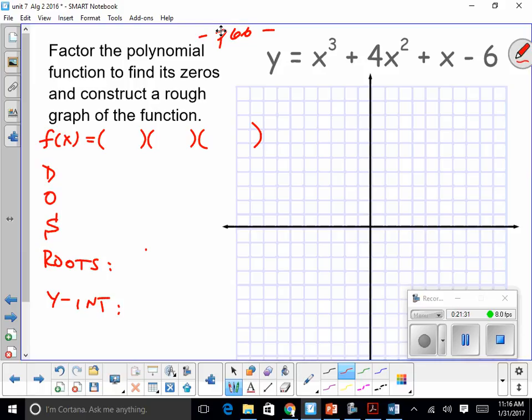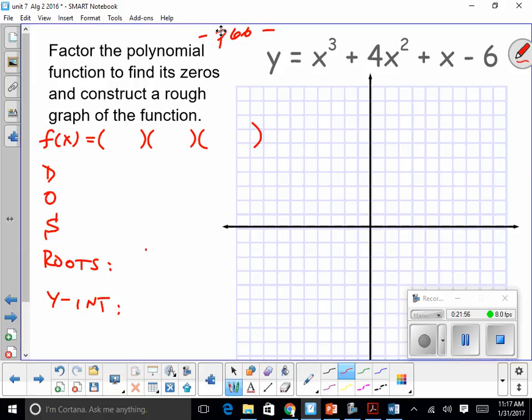Can anyone say what the degree is on that original problem? 5? 6?